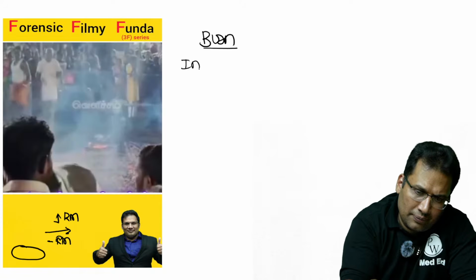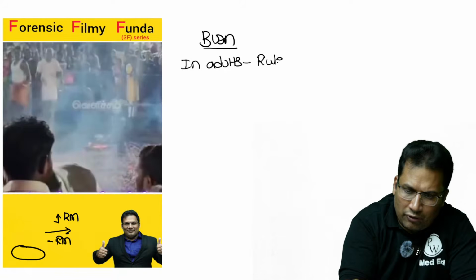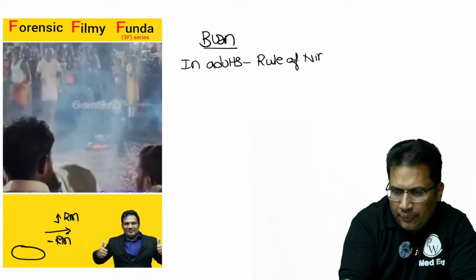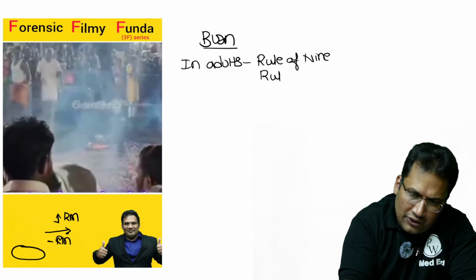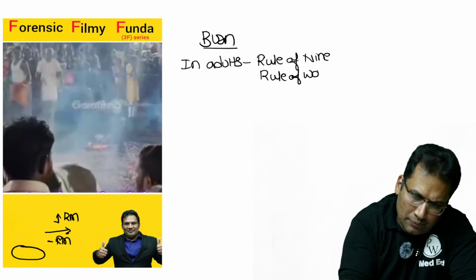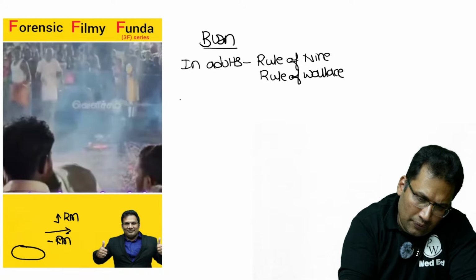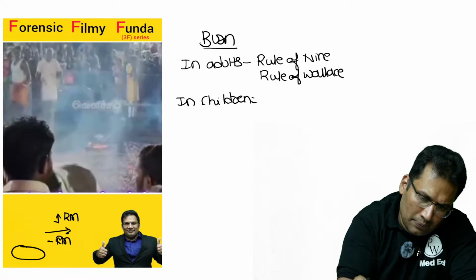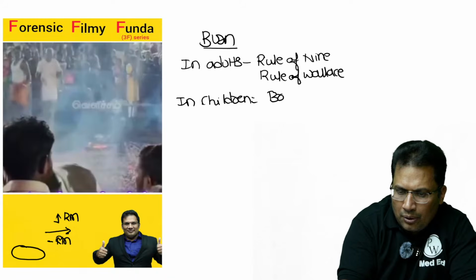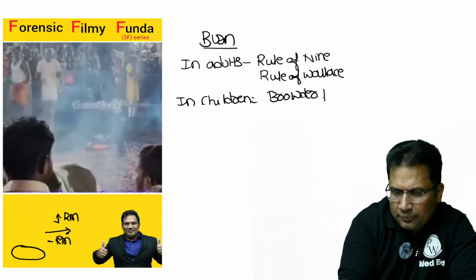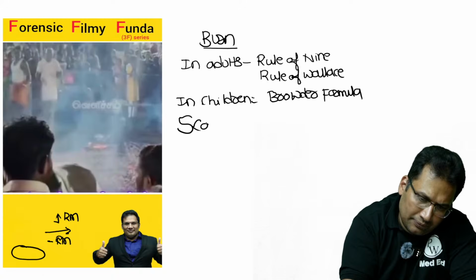In adults, we use rule of 9 or rule of Wallace. In children, Browder formula. In scattered burn, Palmer rule.